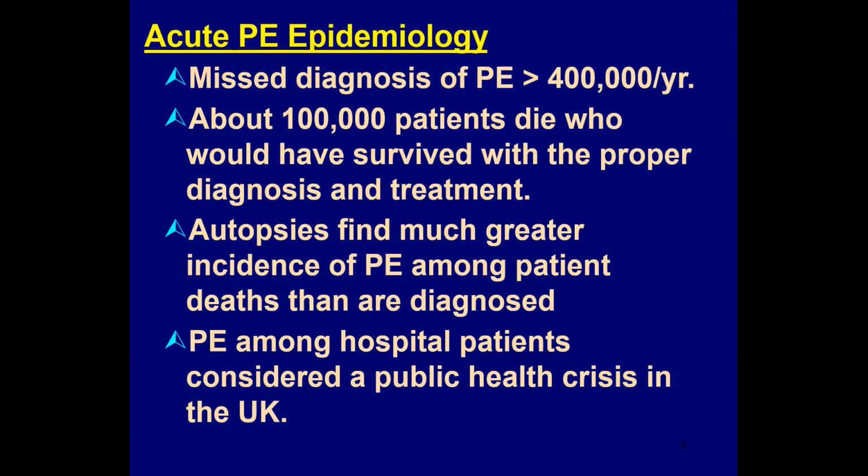In other words, 400,000 people get a pulmonary embolus and the diagnosis is missed. About 100,000 patients die who would have survived with the proper diagnosis and treatment. As you see then, recognition and diagnosis of the PE is critical.